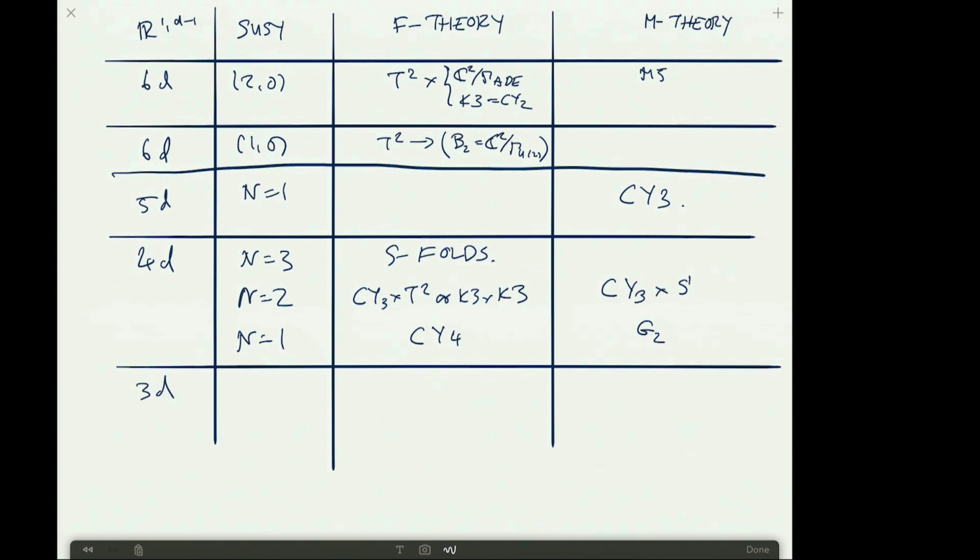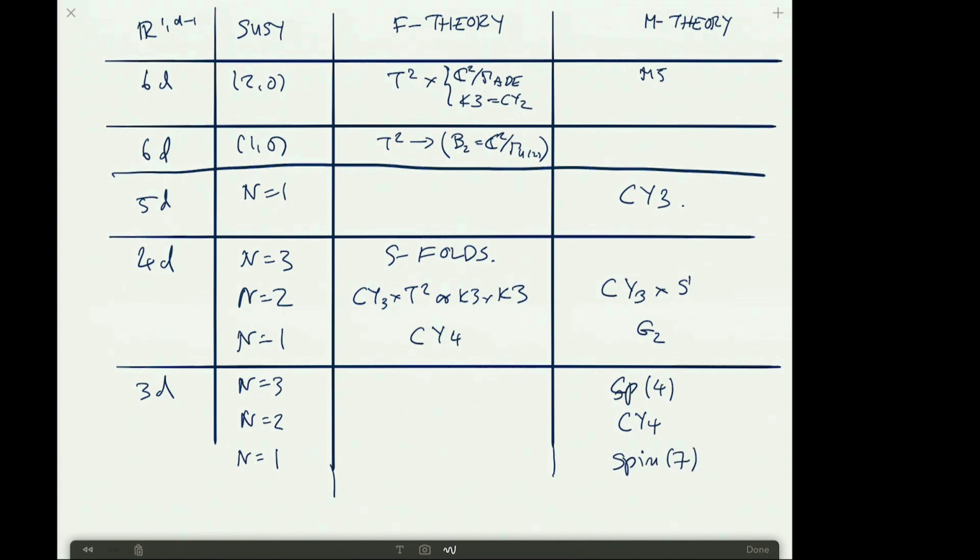And finally, let me just finish this table and then I'll explain a few things about it. N=3 can arise from Sp(4), so hyperkähler real 8-dimensional manifolds, N=2 from Calabi-Yau 4, and then N=1 from Spin(7).